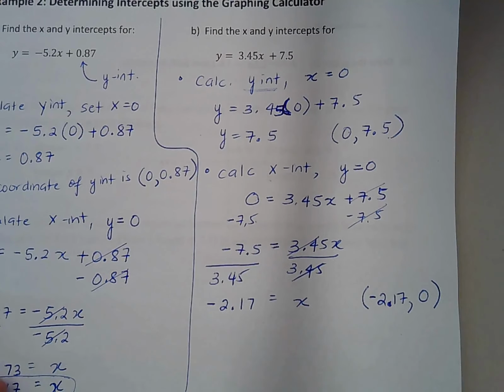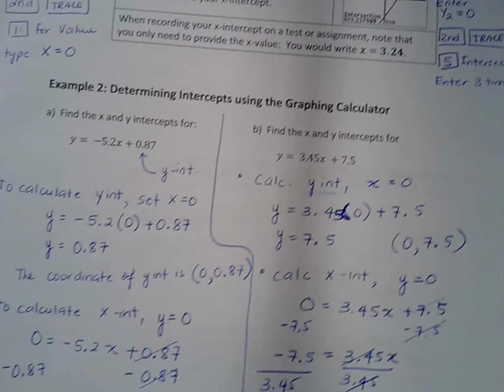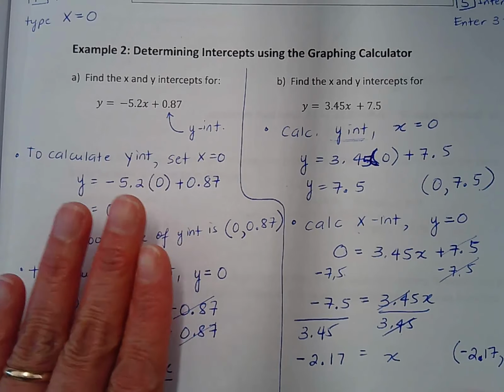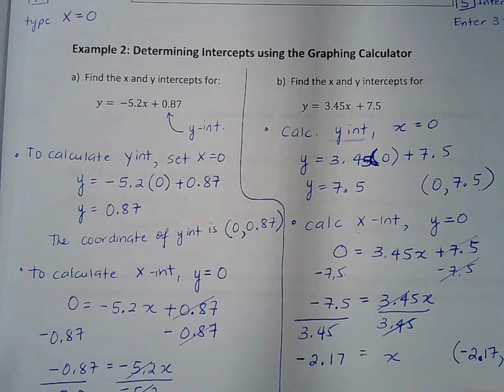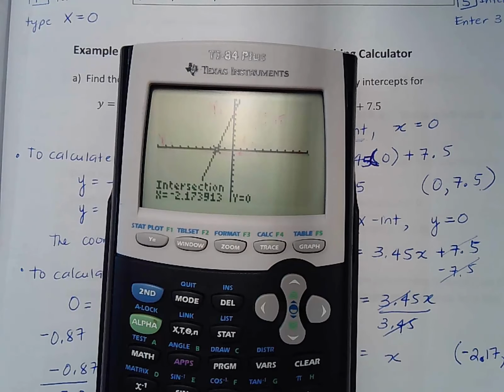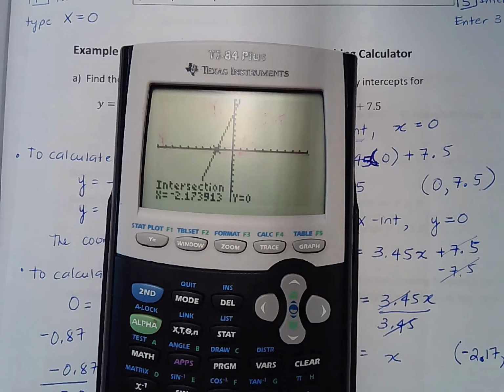So looking at that, we have two strategies in figuring out the x-intercept and y-intercept. We can figure the x-intercept algebraically. We could use algebra for that. And also, we could do this. But even though you're using this, you understand where that is coming from, right?